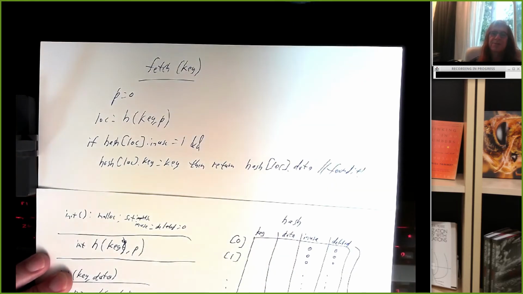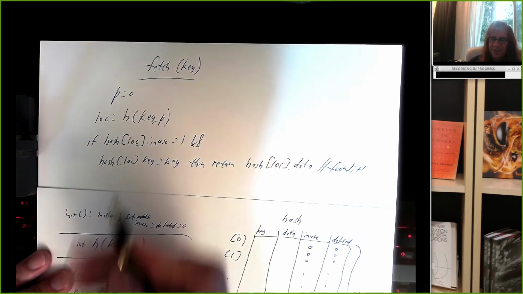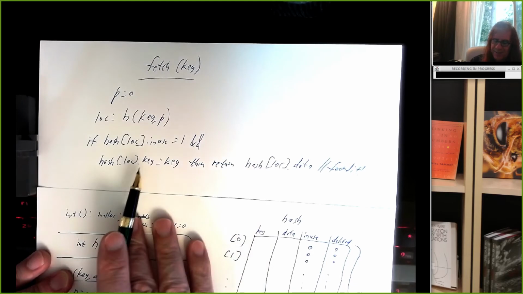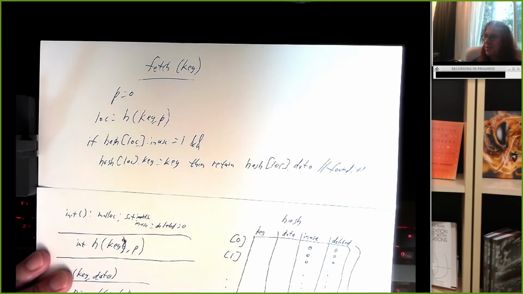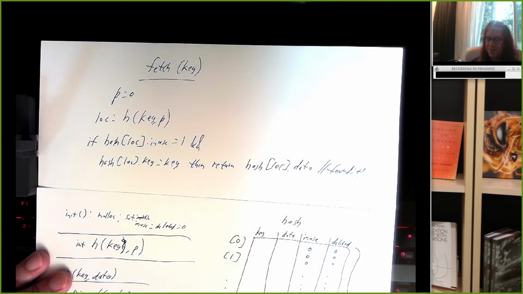And here we found it. So take your key, hash it. If that block is in use and the key matches what you're looking for, you found your data. Return the data and you're done.